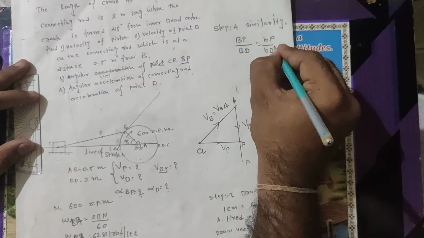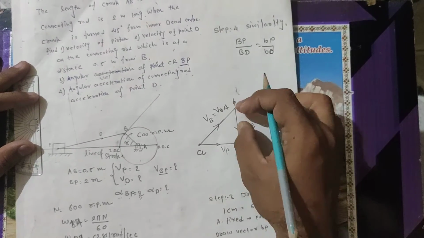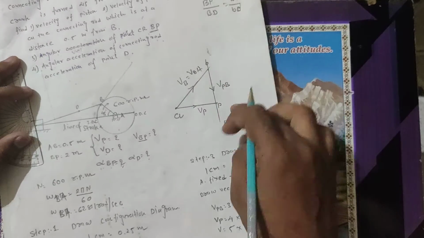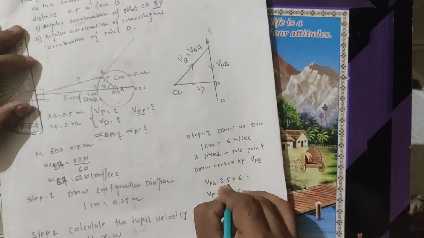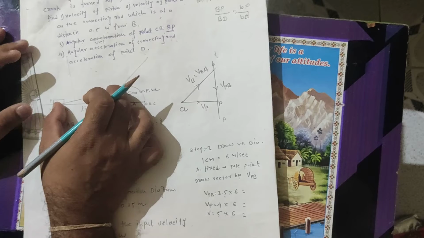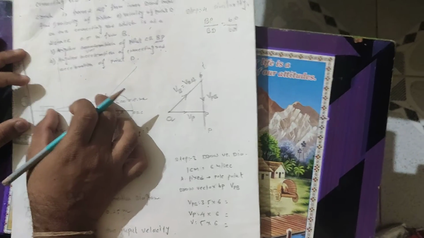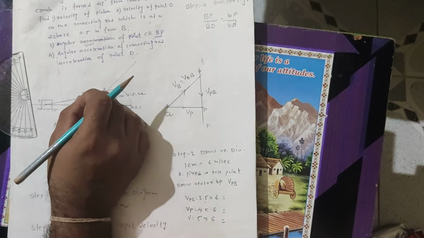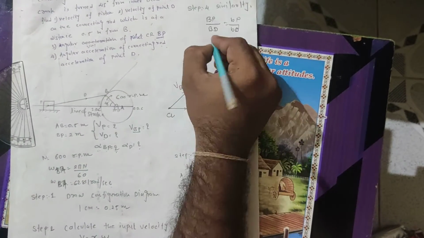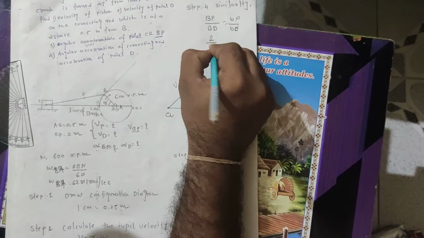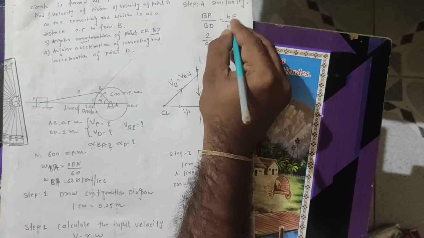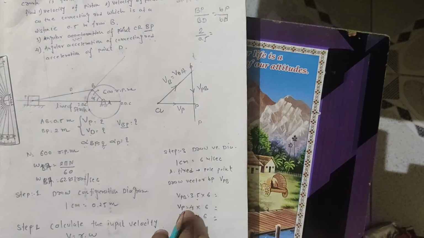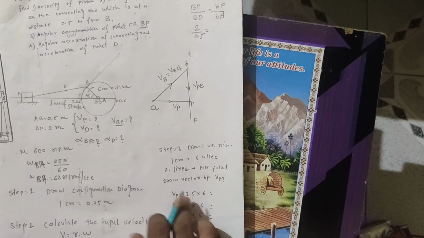What we have to find out is BD. So we have this value PB, that is over here, 3.5, and BP, the full length, is nothing but what is given over here, that is 2 meter, and this one is 0.5 meter. So 2.5 is equal to PB. BP is equal to what? That is the length, 3.5.